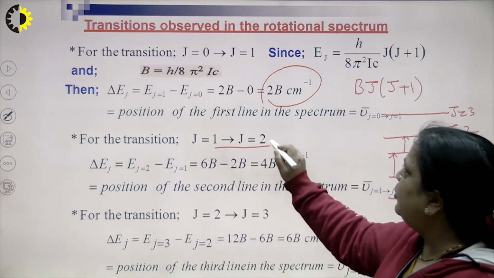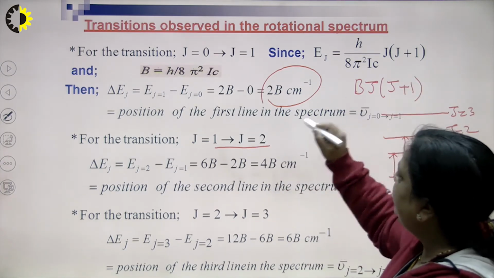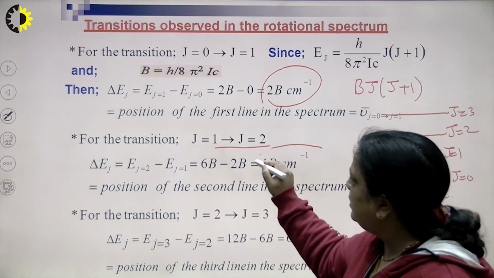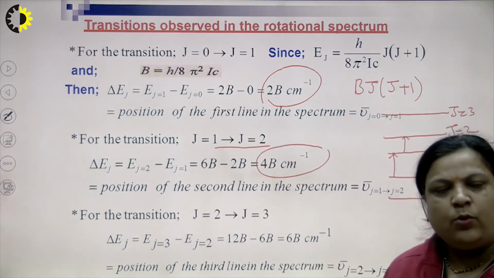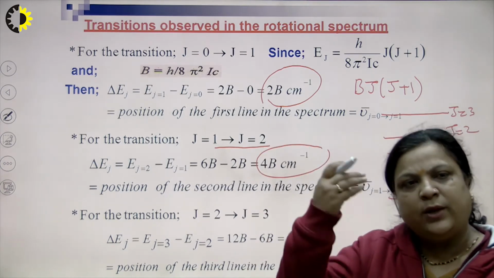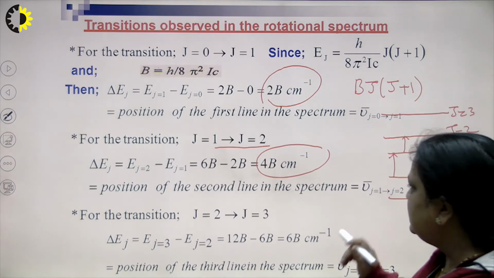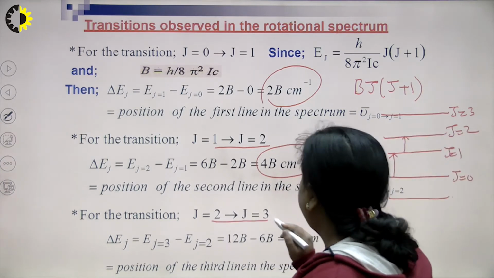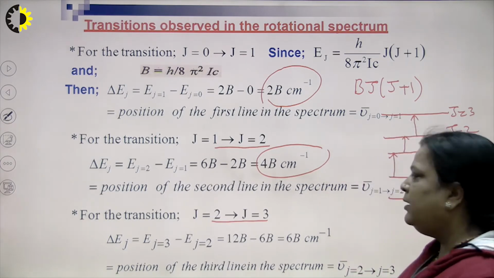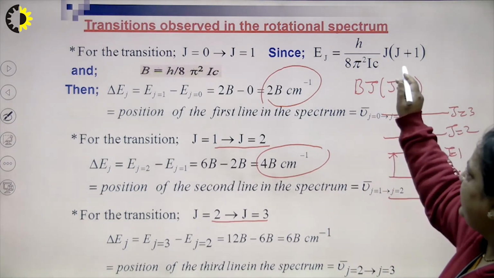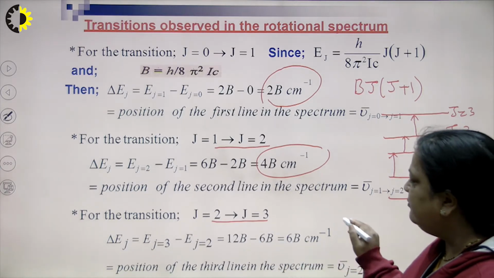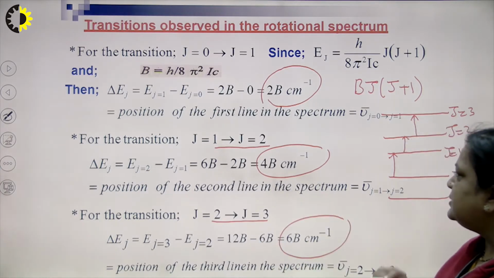Now, from the first to the second energy level, when we put J equal to 2, we get 6B, and 6B minus 2B is 4B. This is the energy required for the successive transition 1 to 2. Now, for transition from J 2 to 3, when we put the value 3, we get 12B, and 12B minus 6B is 6B.